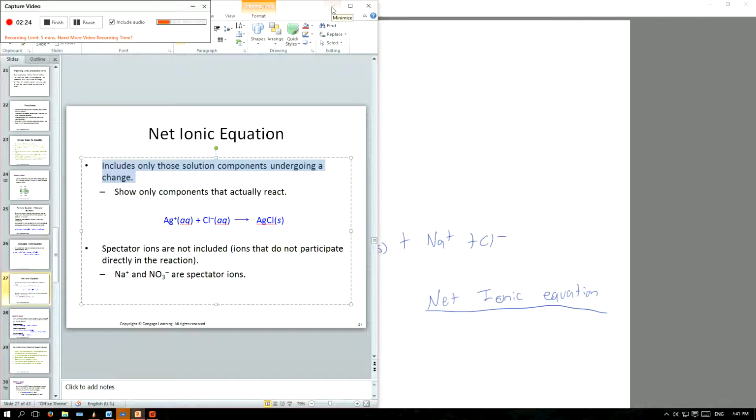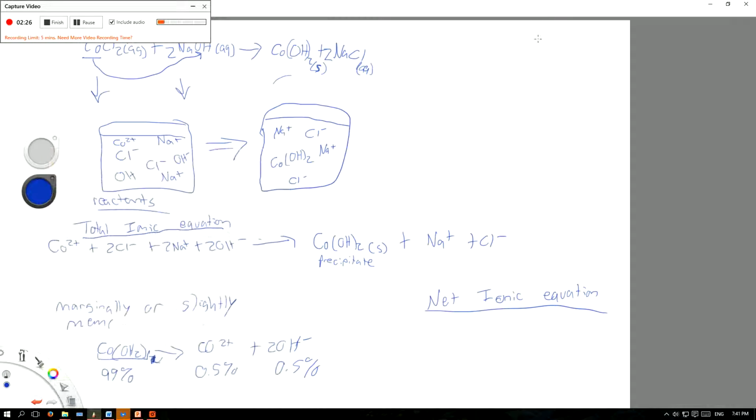So show only the components that actually react. So here, these are the components that react, right? You're forming a bond between CO and the hydroxide. Well, these ones don't react because they're just floating around, so you're not actually forming a bond there.